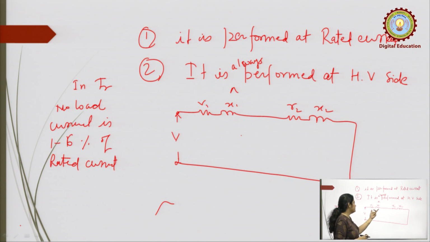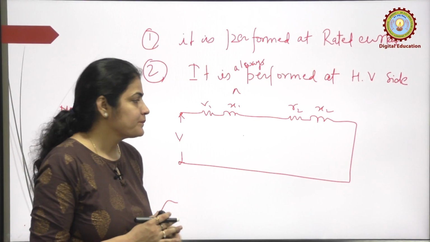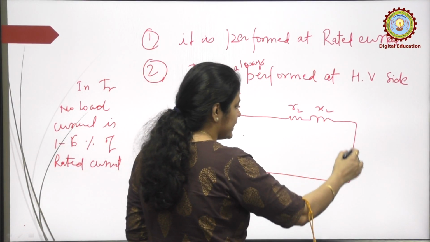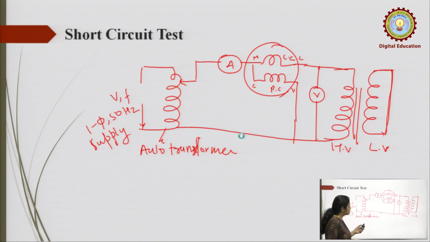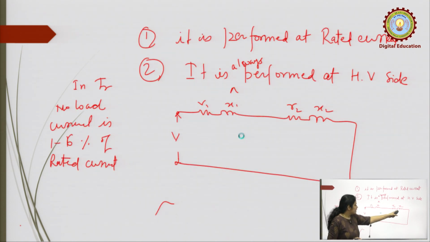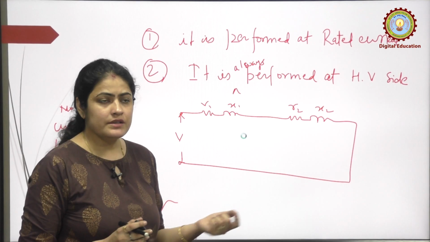The circuit becomes this circuit, and it contains the resistance and the reactance of the primary as well as the secondary winding. Okay. So, when you short the circuit, it has the minimum impedance, minimum resistance.